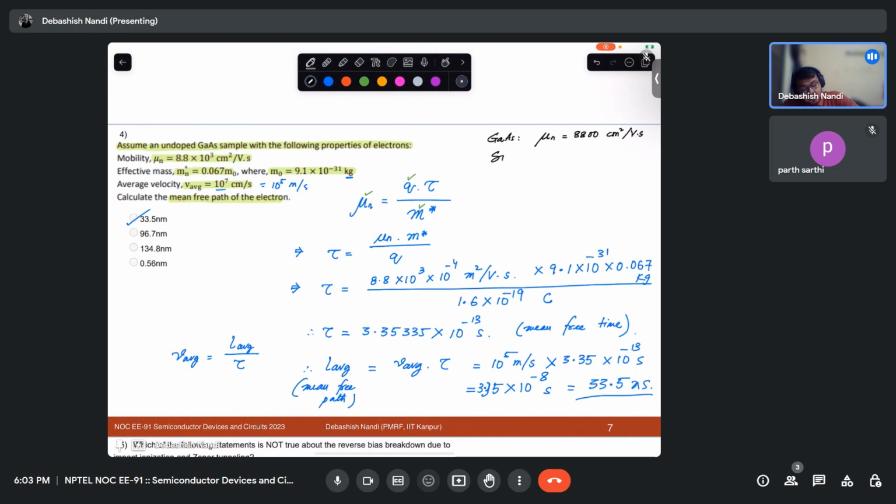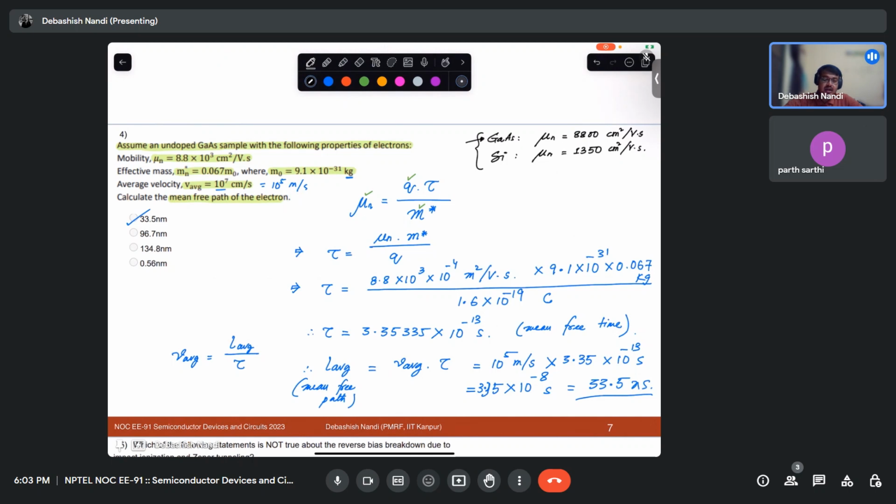And what was the silicon mobility value? 1350, right, in bulk. So you see the difference. This gallium arsenide is a much faster device because of its mobility.